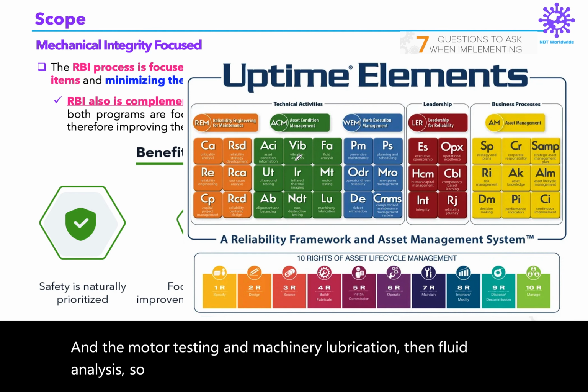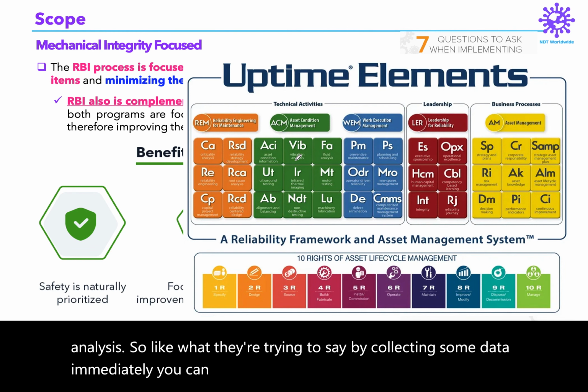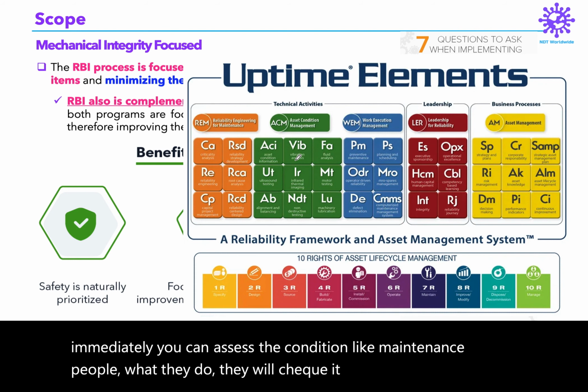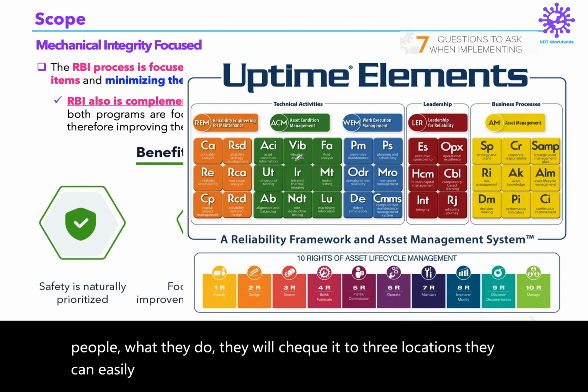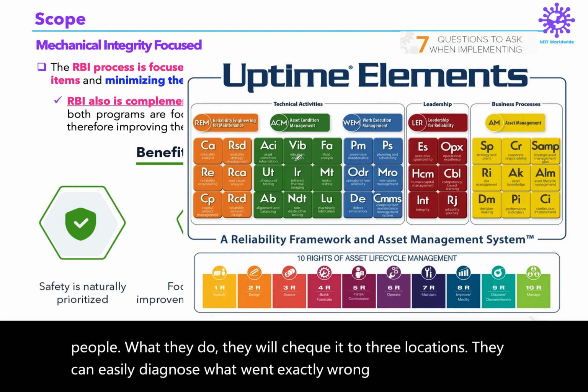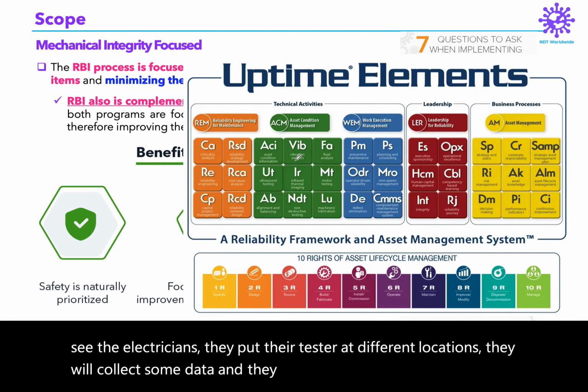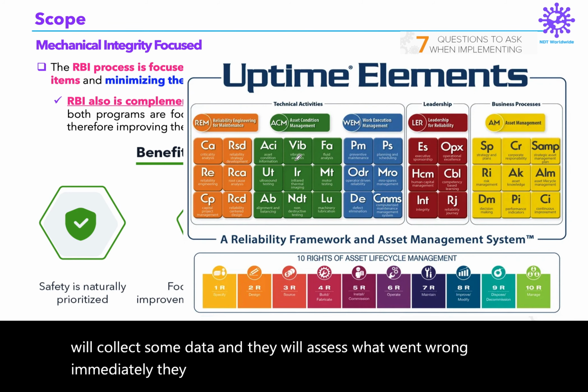What they're trying to say here is that by collecting some data, you can immediately assess the condition. Maintenance people check at 2 or 3 locations and can easily diagnose what went wrong. Especially electricians put their tester at different locations, collect some data, assess what went wrong, and immediately fix it.